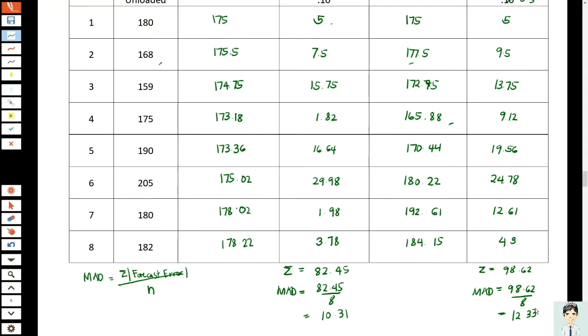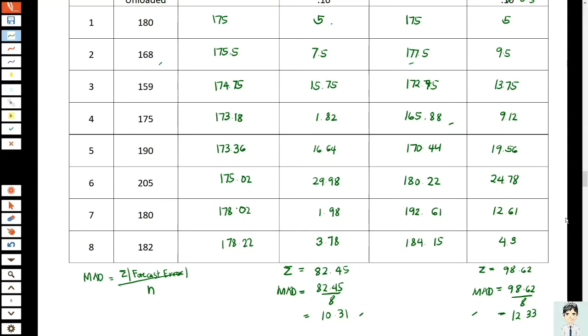Ang question kasi kanina, diba, two values are to be examined, and yun yung gagamitin kung ano yung gagamitin ni Port of Baltimore, kung ano yung smoothing constant ang gagamitin niya. So on the basis of the computation ng dalawang MAD natin, we have 10.31 tsaka 12.33, diba? The smoothing constant of 0.10 is preferred to smoothing constant of 0.5.